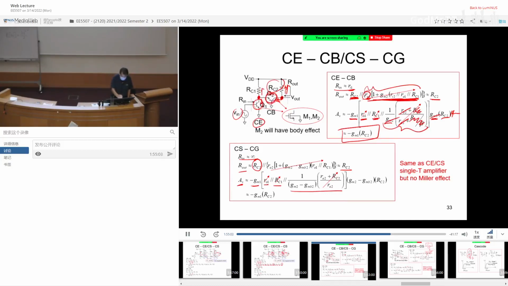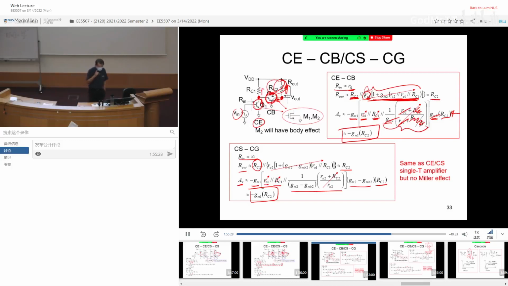And then finally, you multiply by this, which is the current cell, GM minus GMB. And then finally, the total resistor connected at the output point, which is RC2. The other resistor is too big. Eventually, you end up with this. Again, 2 transistors, 2 stages, but eventually it gives you exactly the same gain as 1 stage. It seems useless.